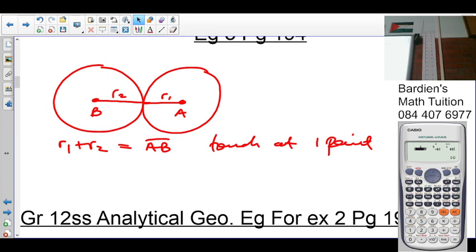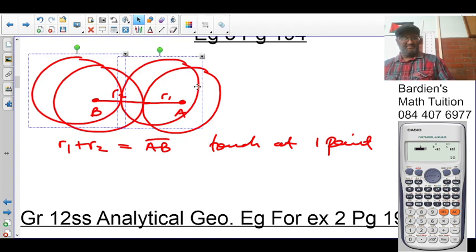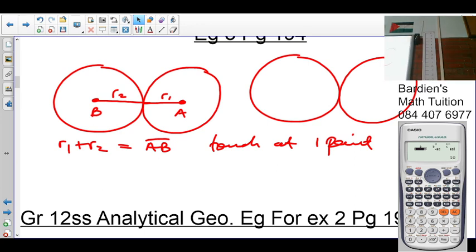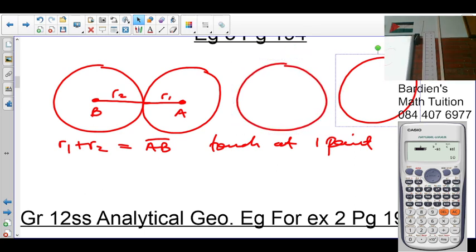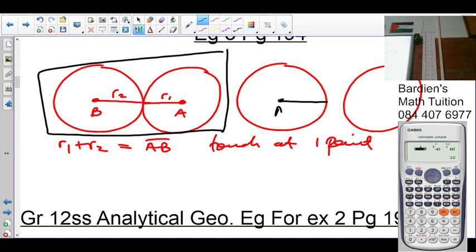On the other hand, we have two circles, and this is now R1, R2, with centers still B and A. So what note are we going to make here?